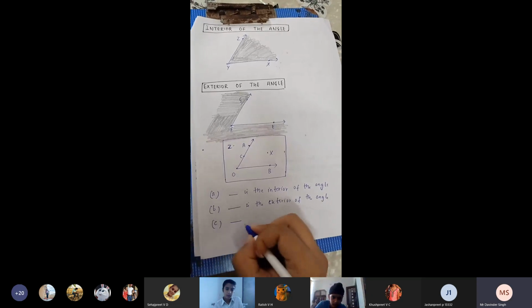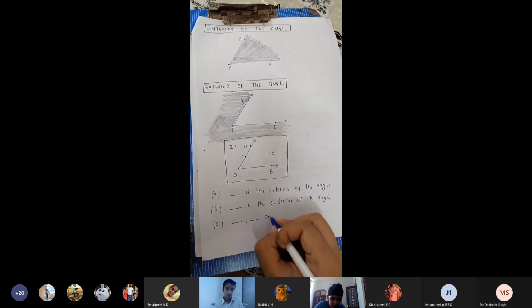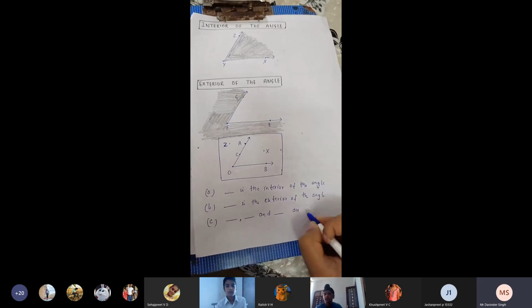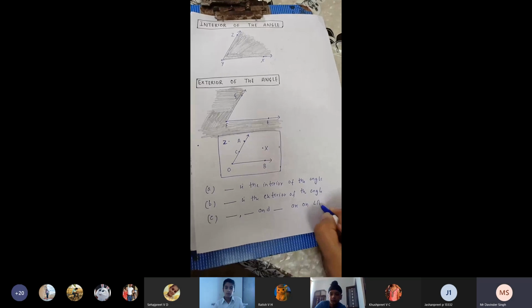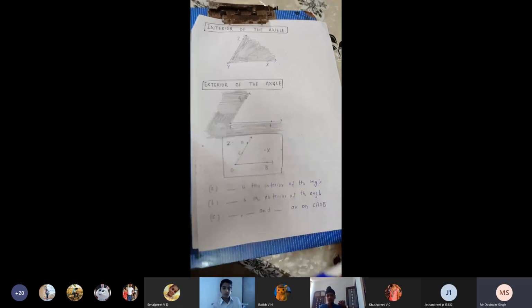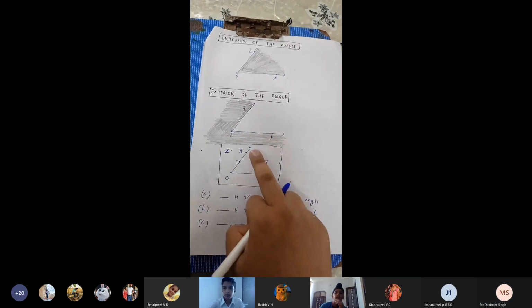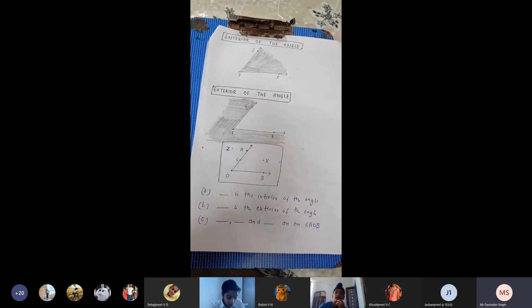And then, dash, dash and dash are on angle AOB. So now this is the question. A diagram is given to us and we have the question like this.